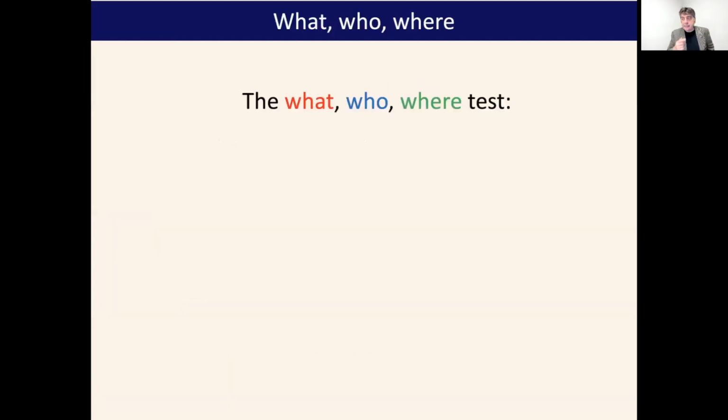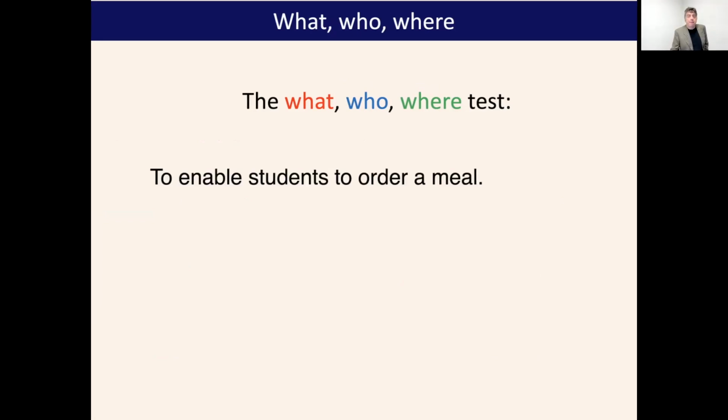Here's another technique for developing goals and objectives, the what, who, where test. I use this a lot in speaking lessons where I want students to be doing a speaking task by the end of the lesson. For example, if my goal is to enable students to order a meal, that might be my objective, but it doesn't tell me enough about the context.